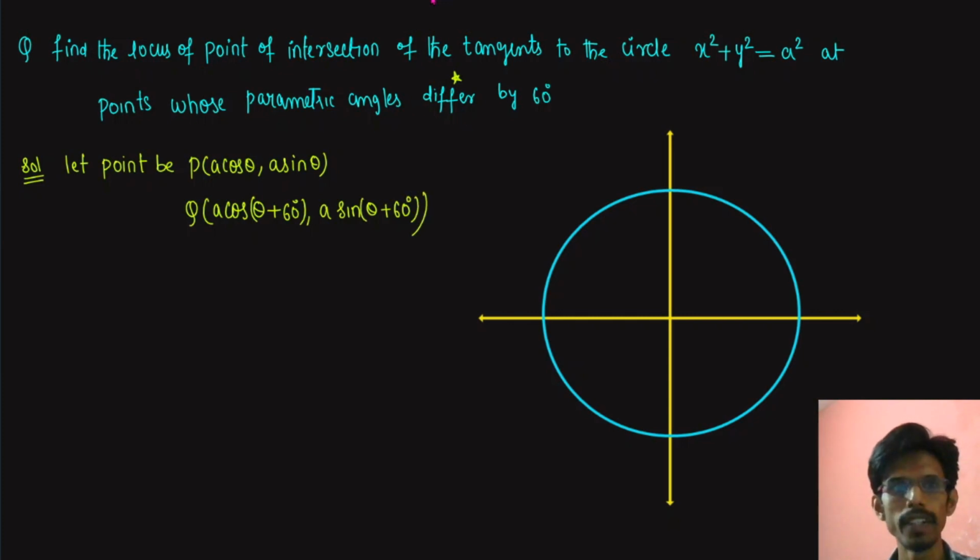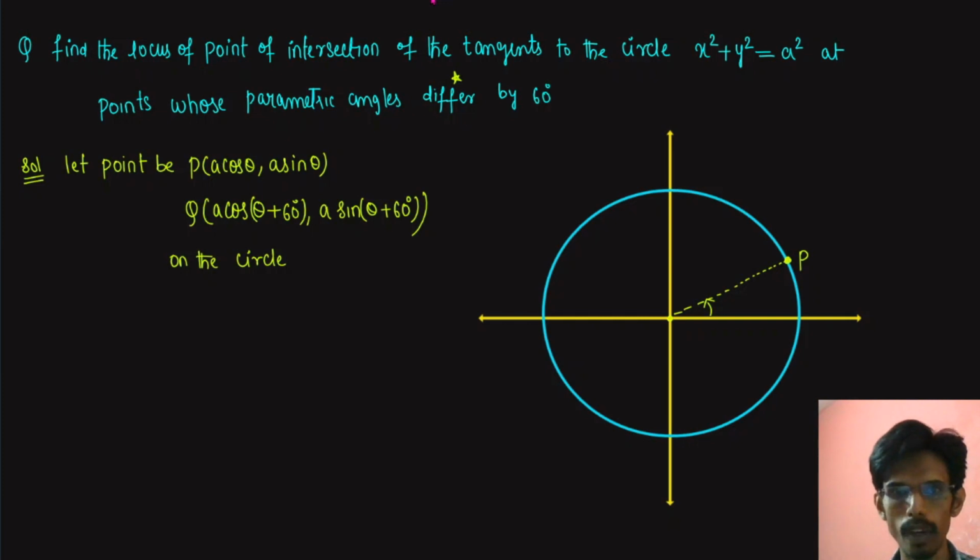These are the 2 points on the circle. Okay, let me mark these points here. First point P here, that will be a cos theta comma a sin theta. So this one is making an angle theta from the center.